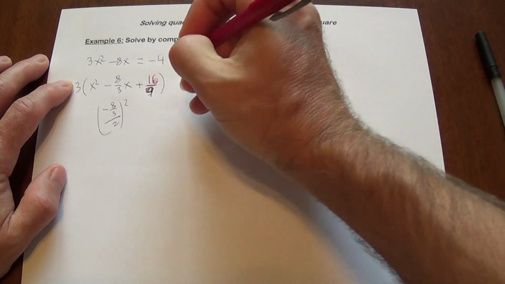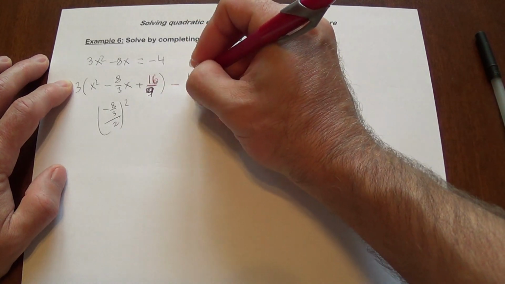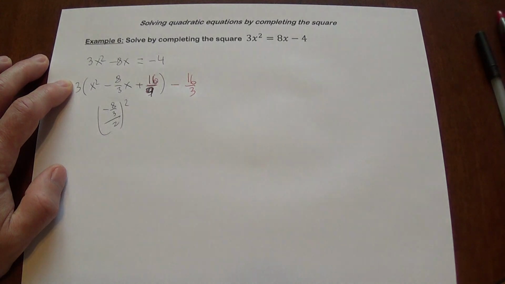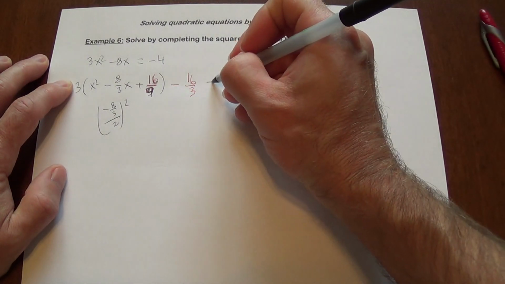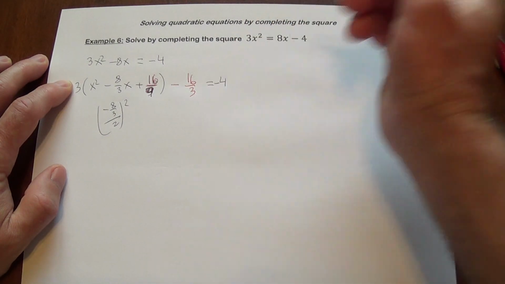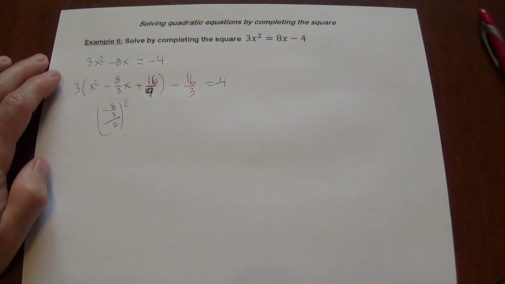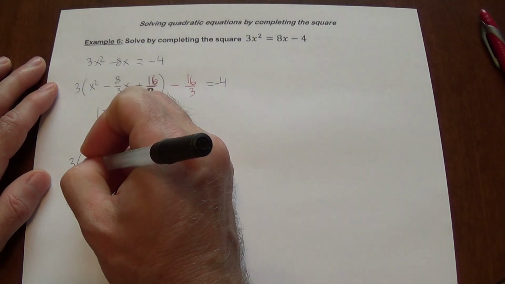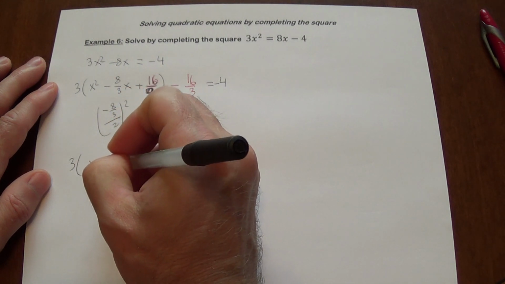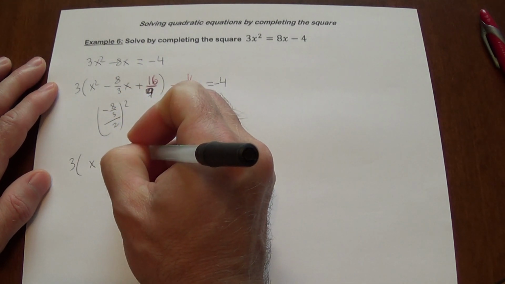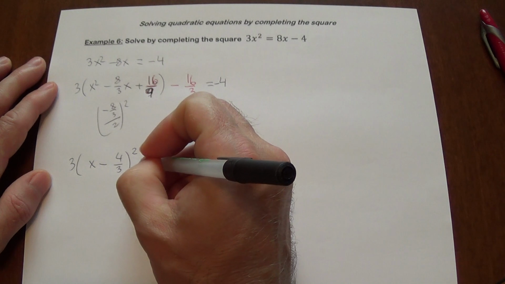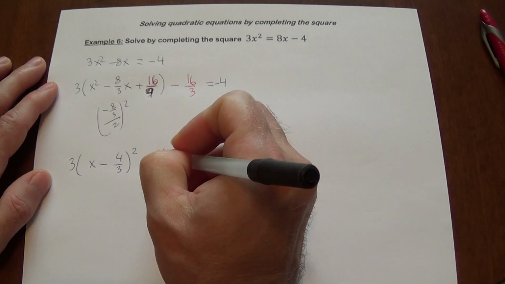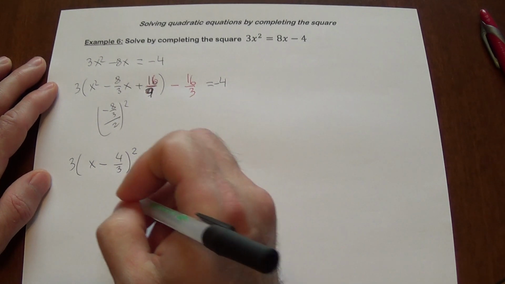So what we need to do is subtract 16/3. And then we copy, equals negative 4, right? So what do we have? We have 3 times (x minus 4/3) squared minus 16/3 equals negative 4.